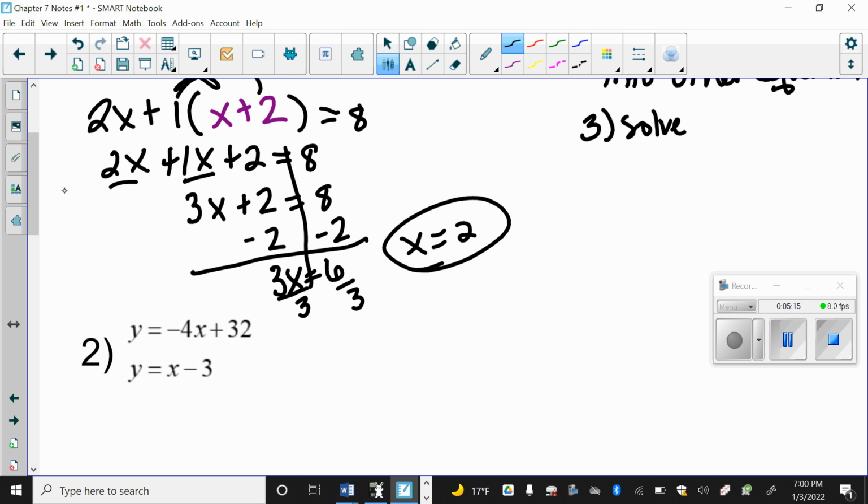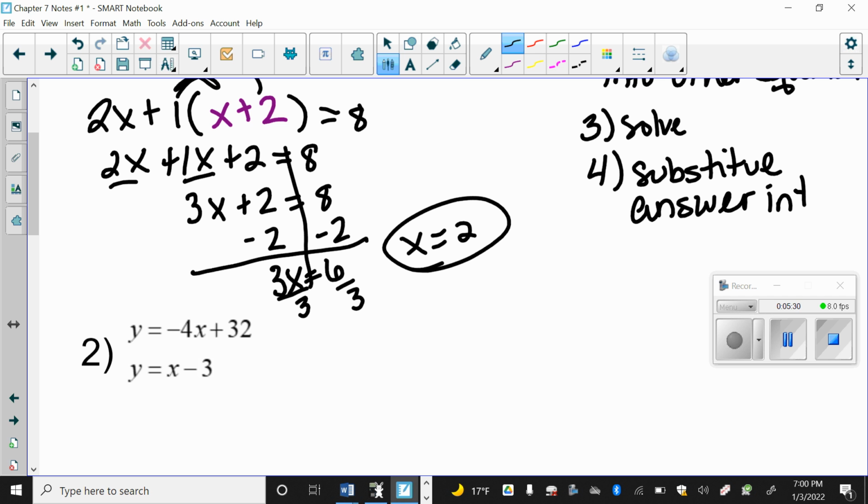Once you solve for the variable, our last step is to substitute the answer in to any equation to find the other variable.